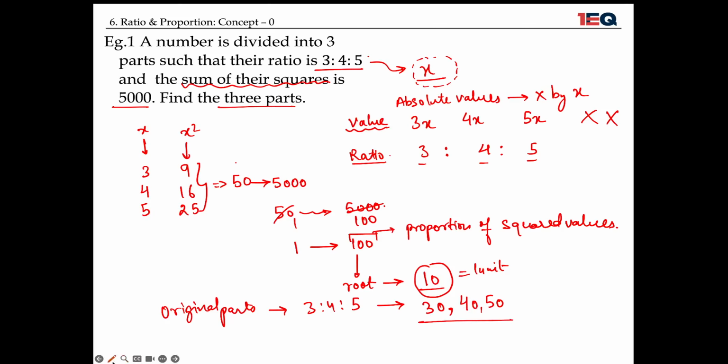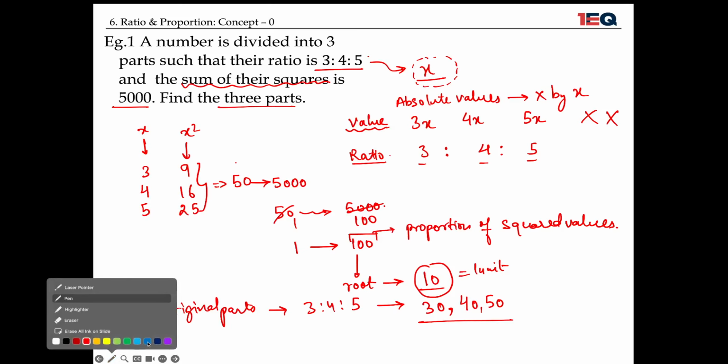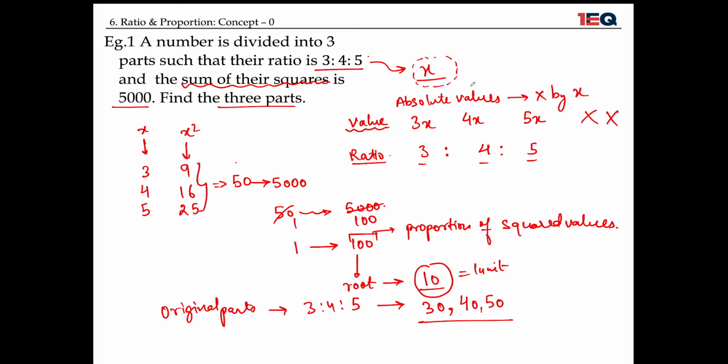So what did we learn from this portion? We learned that the values are brought into the picture using x. x is nothing but a common factor which got cancelled out when ratios came into the picture. And if I wish to get the absolute value back, I will have to multiply x with the ratio.